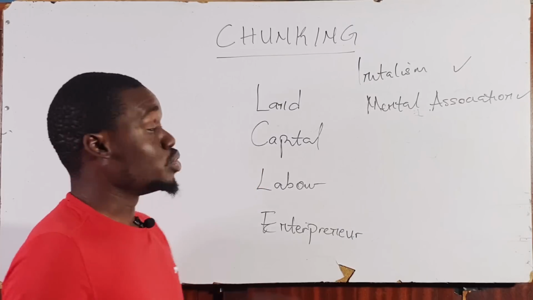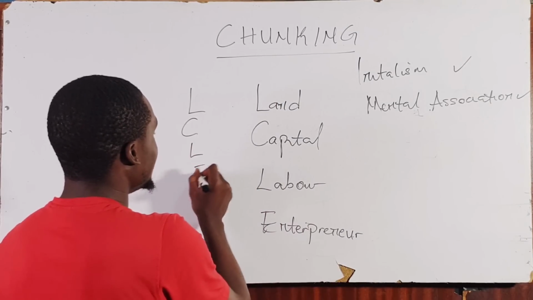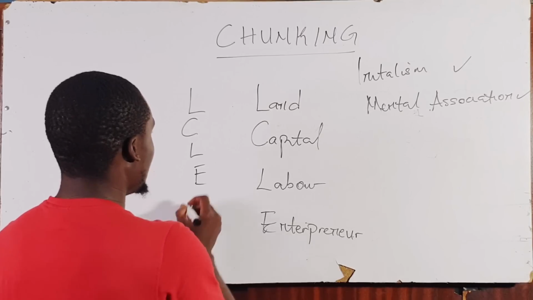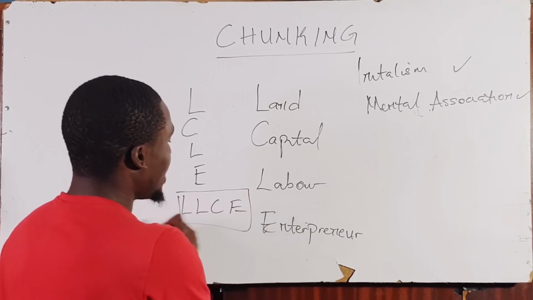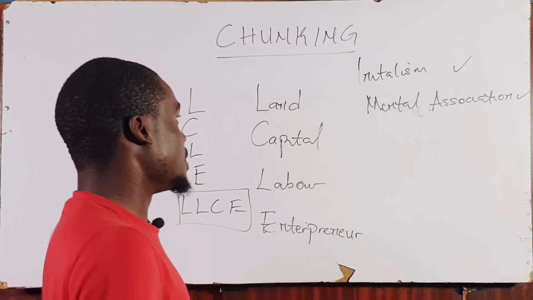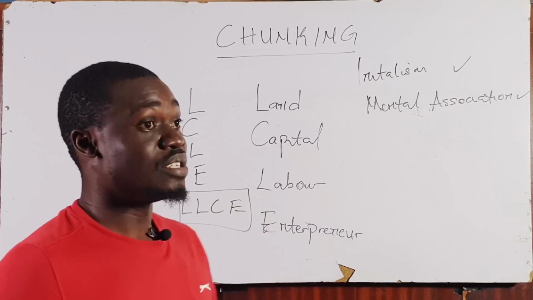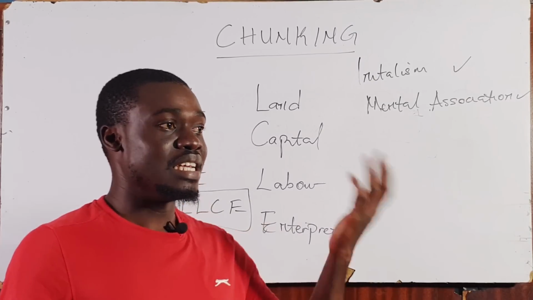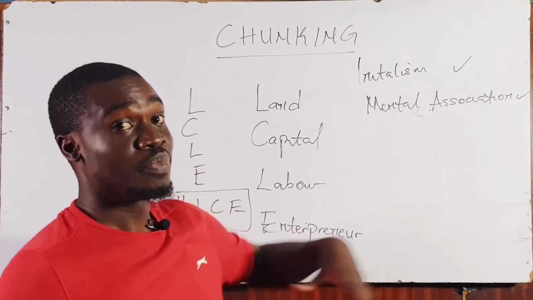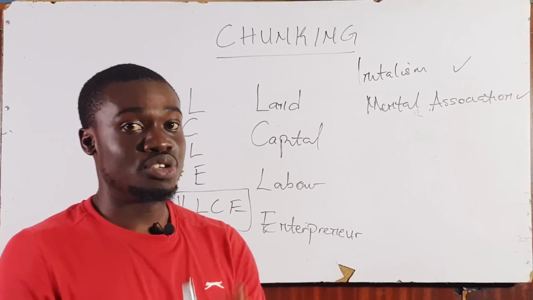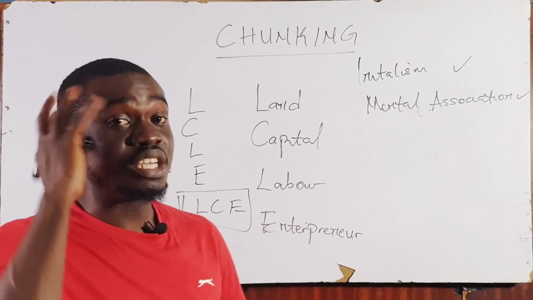All you have to do is to take the first letter of each word, LCLE or LLCE. So if you know LLCE, it's very easy for you to learn when you have LLC. You know LLC, then you already know what land is in your brain. So you can use this too. Since you know LLC, you brought it back, and you know L is for land in your brain.